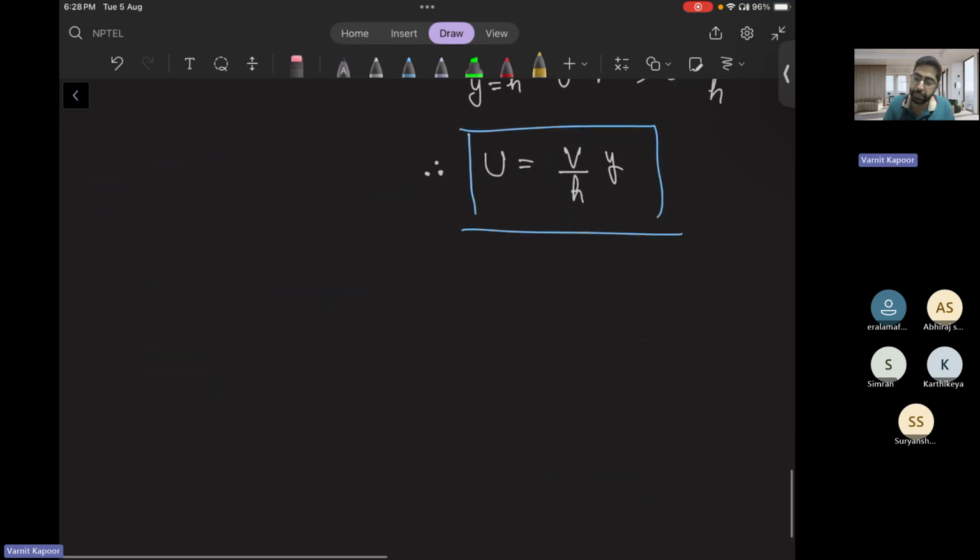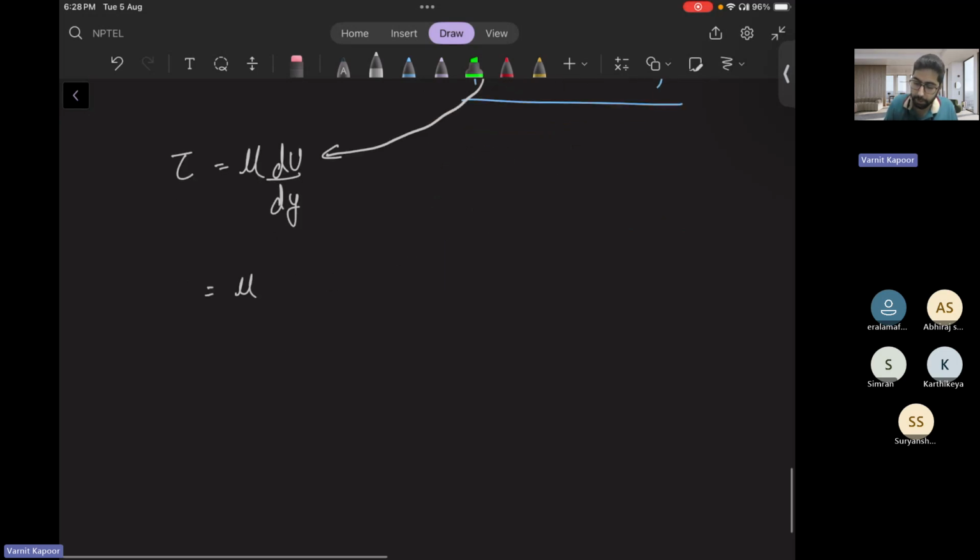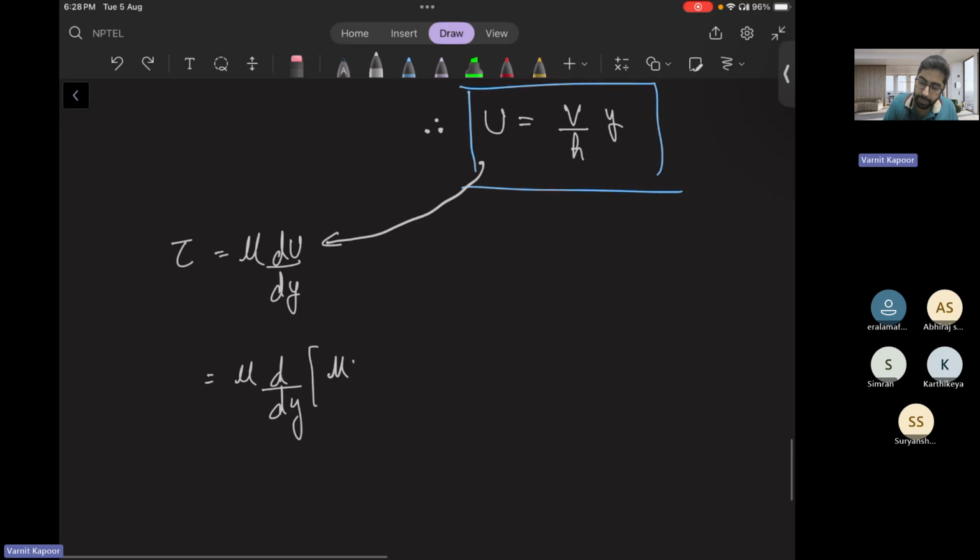We have seen an expression that shear stress is directly proportional to mu into du by dy. We have seen this expression in our previous tutorial. Put the u here, so it will be mu into d of vy by h by dy.